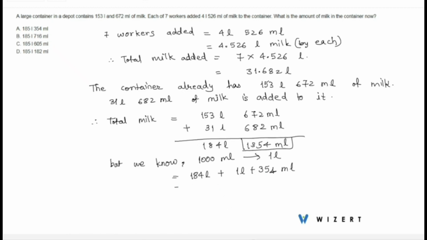So this is equal to 185 liters and 354 milliliters. So the answer is total milk is equal to 185 liters 354 milliliters. Answer is option A.